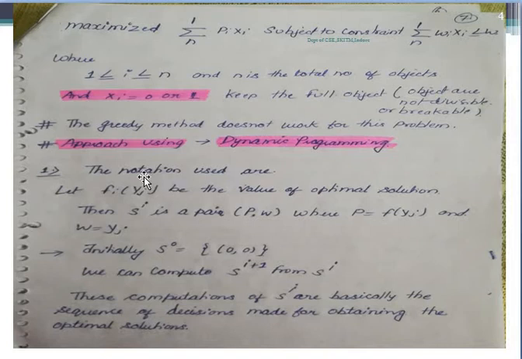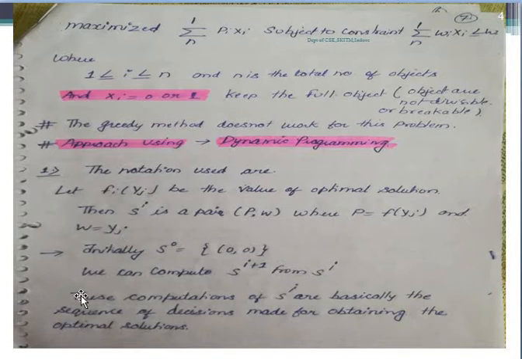For this we are using certain notation. First, fi(yj) is the value of the optimal solution, and S^i is a pair of profit, weight, where P is equal to f(yi) and weight is equal to yi.